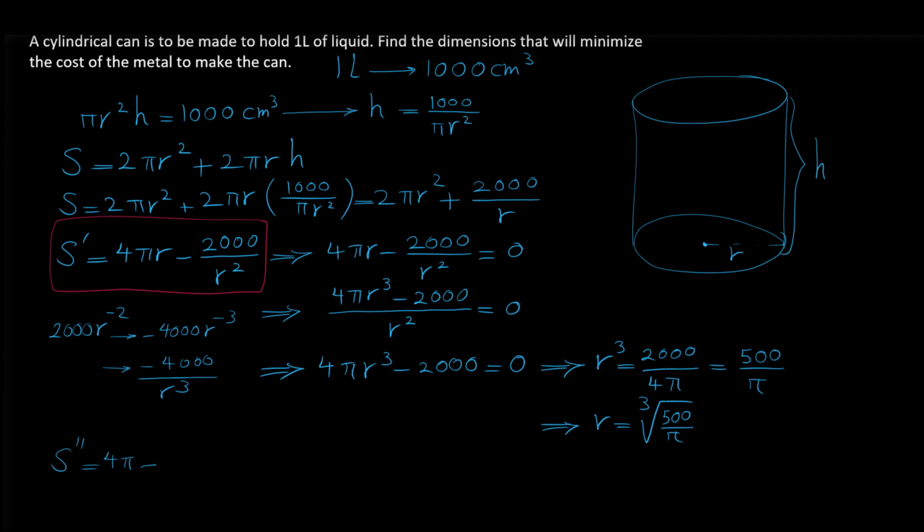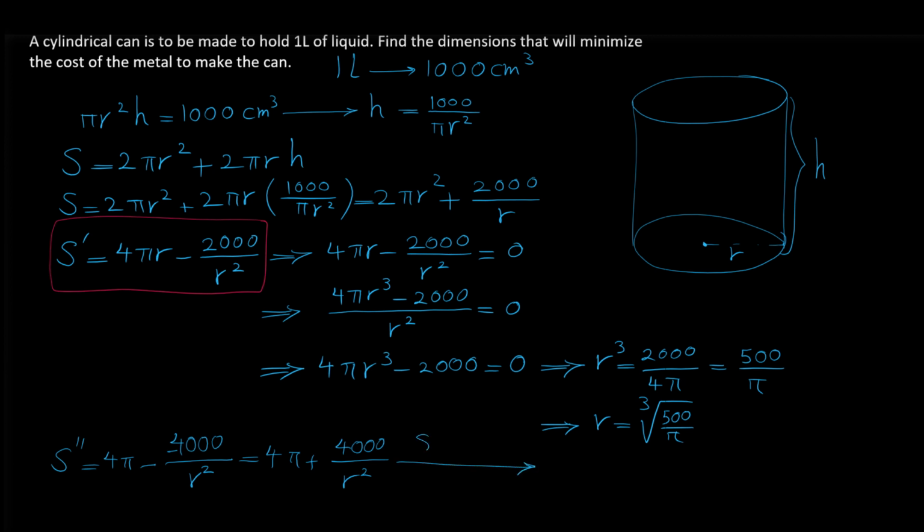So this is the derivative of 2000 over r squared, which if we simplify negative with negative, we get 4 pi plus 4000 over r cubed.